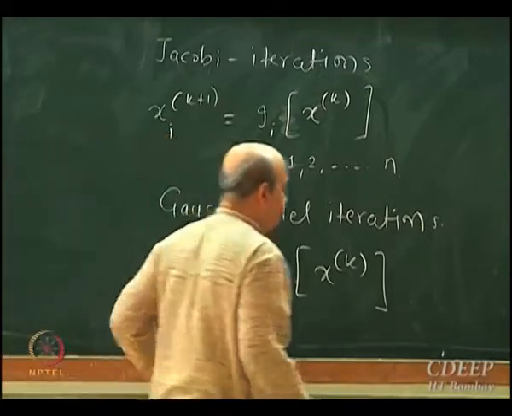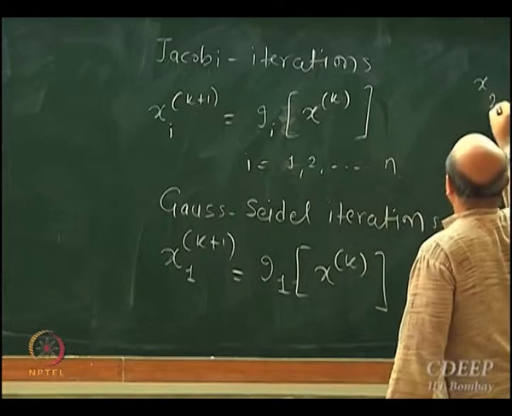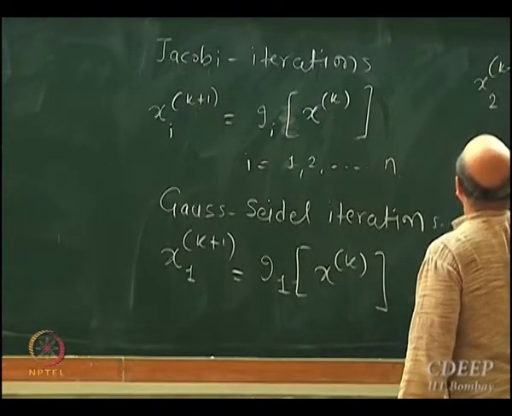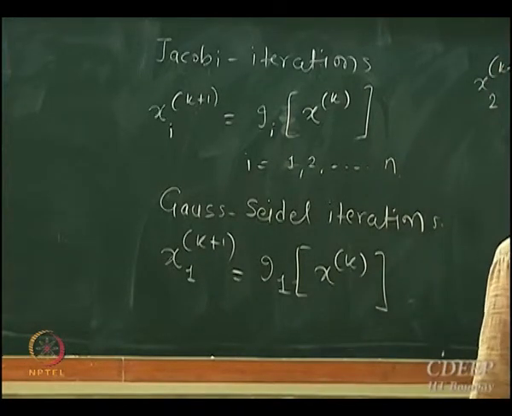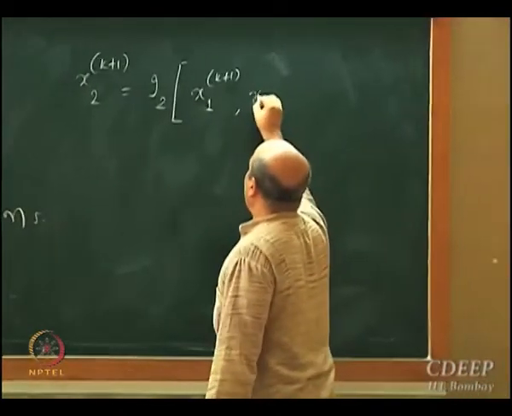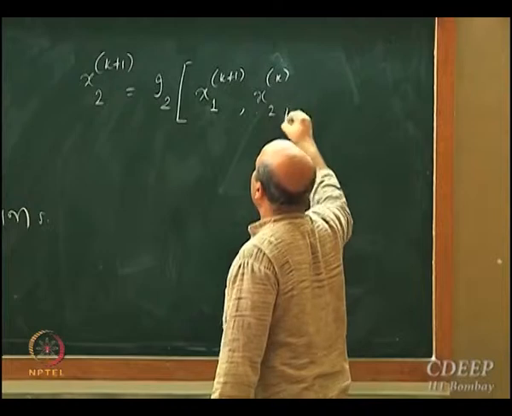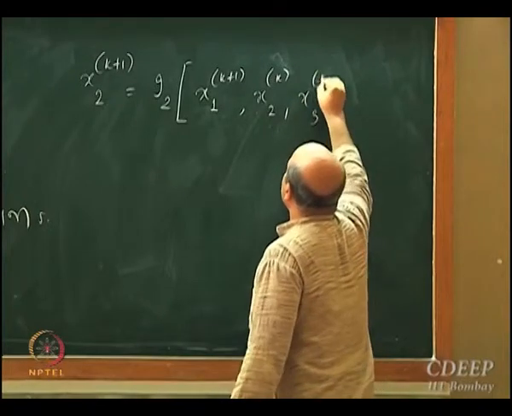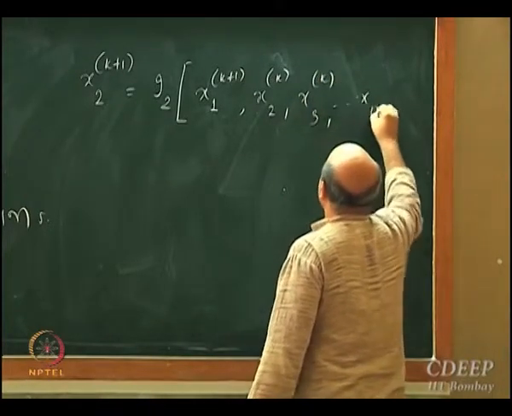My second equation, x2^{k+1}, will be g2, where I will use x1^{k+1}, and I will use x2^k, x3^k, ..., xn^k.